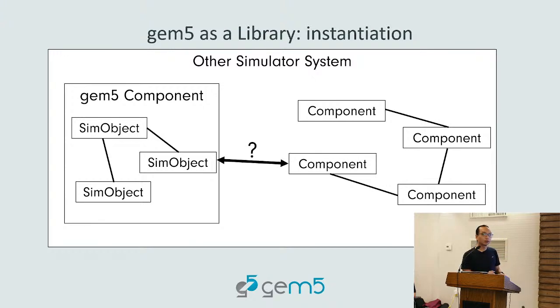So you have to do something in between, right? Oh, yes. What's an example of why you would use gem5 as a library? That's a good question. I don't know the use case of SystemC gem5, but for gem5 SST, the main reason we did that is that we want to do multiple node simulation.